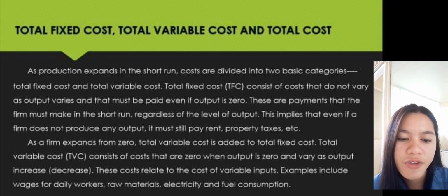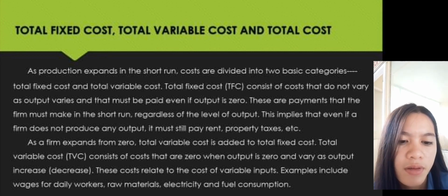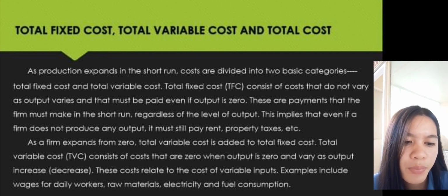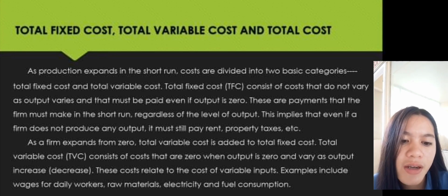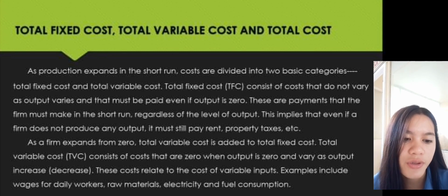Total variable cost or TVC consists of costs that are zero when output is zero and vary as output increases or decreases. This cost is related to the cost of variable inputs. Examples include wages for daily workers, raw materials, electricity, and fuel consumption.